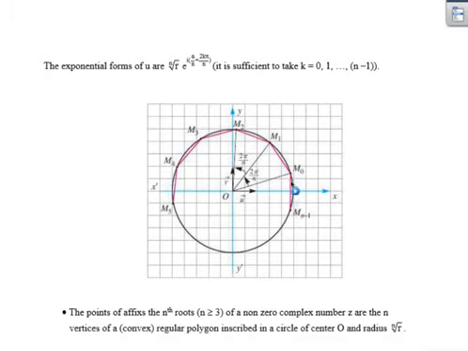The points here are all on the same circle, center O. The radius of this circle is radical r of index n. And the images are the vertices of a regular polygon, meaning all sides are equal.